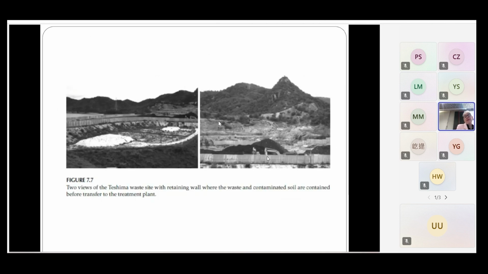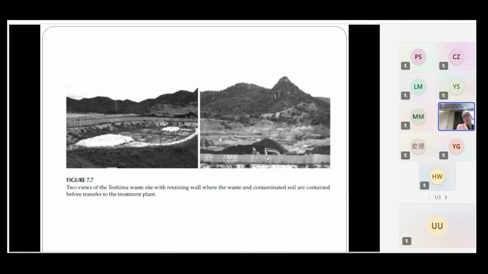This is a case in one of the Japanese islands, very similar to the case of the Love Canal that I had mentioned in the US. They had this island that an industrial company was using as a bit of a dumping area, and the citizens in the area were being impacted by this dump.